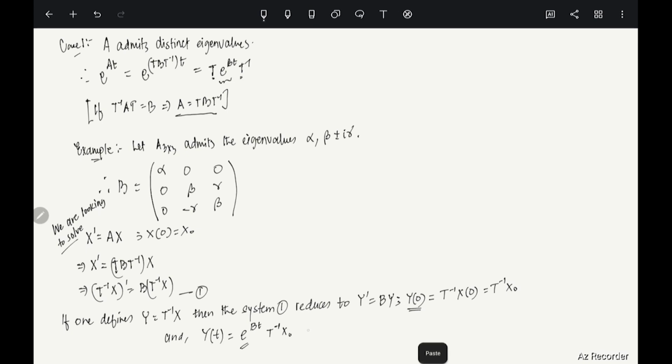So in this case, if y of t is this, then that will imply that T inverse of x is nothing but e power Bt times T inverse of x naught, right? So that will imply x of t is nothing but T e to the power Bt T inverse acting at x naught. So you understand? So it is very important to calculate e power Bt. You see, this is the same thing which we did here. Okay? So that's the idea.